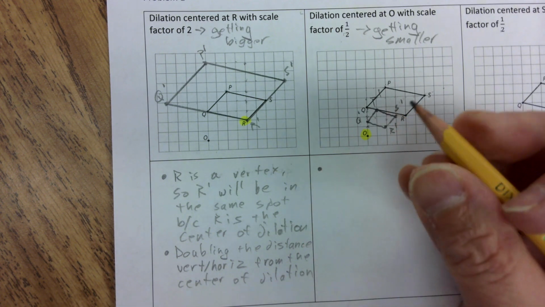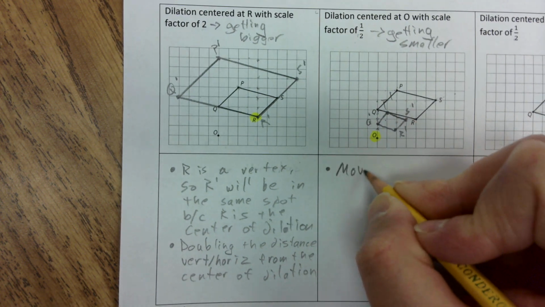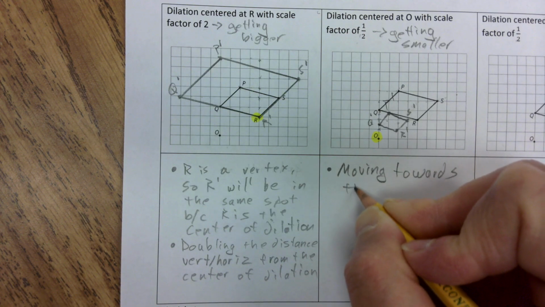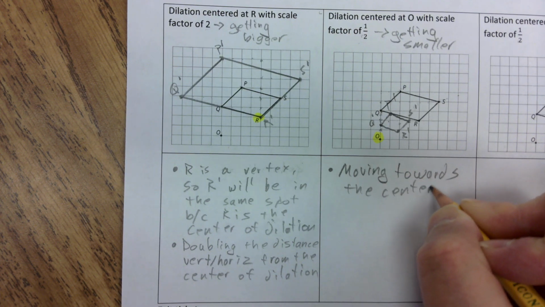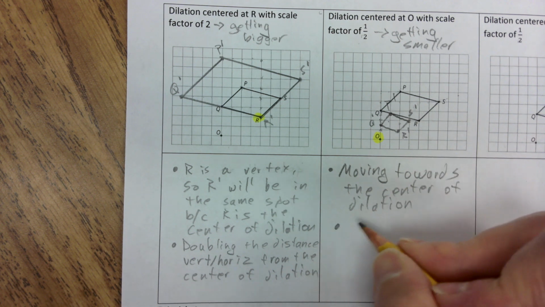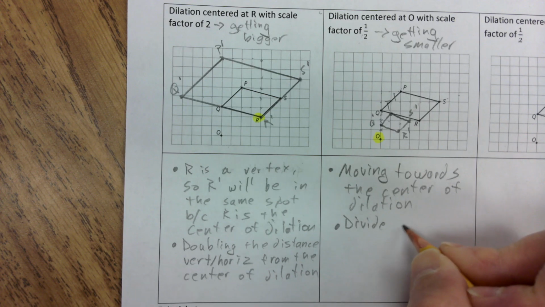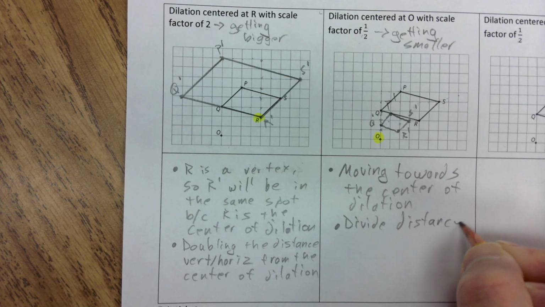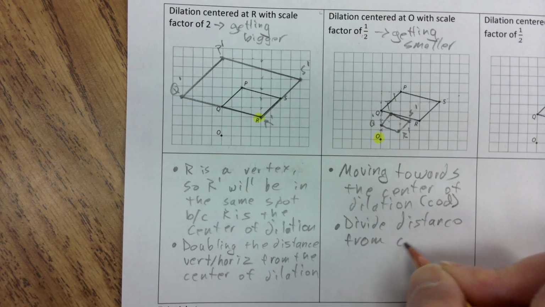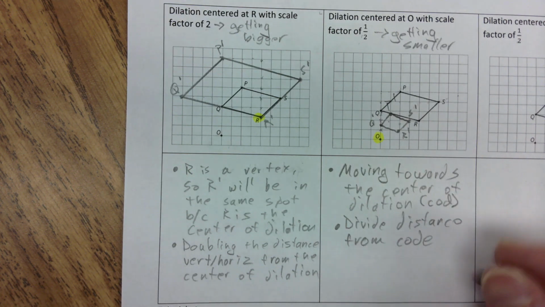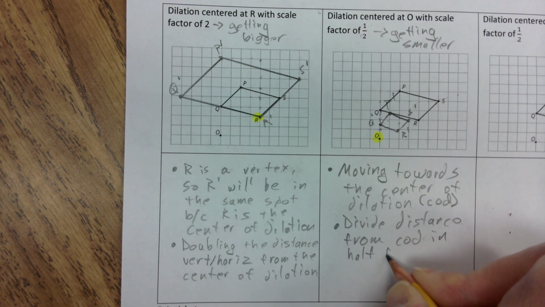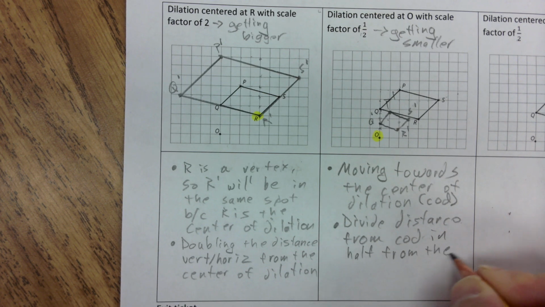So it's moving towards the center of dilation, and you basically divide the distance in half. Distance from, I'm actually going to call that COD, not code, COD, distance from center of dilation, in half from the pre-image, right?